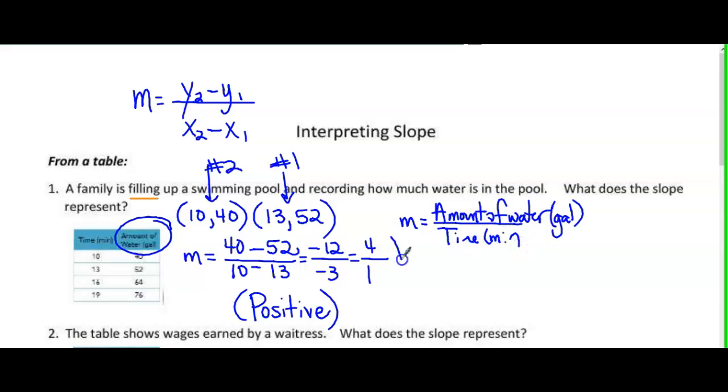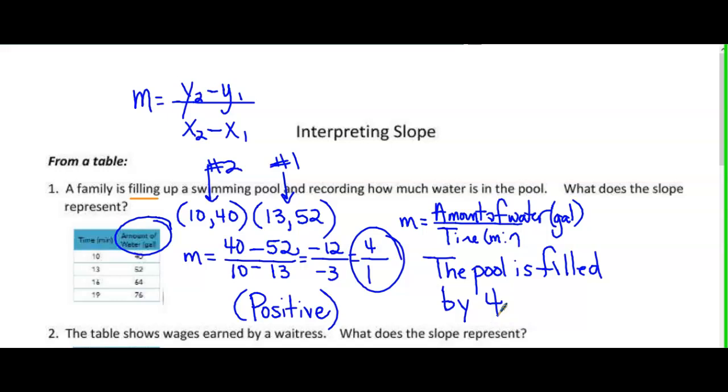So we have to take this slope of 4 over 1 and write it in a sentence. Now this is about a pool being filled. So I'm going to say the pool, I just wrote F, have you get rid of that? Pool is with a P. The pool is filled by 4 gallons every minute.